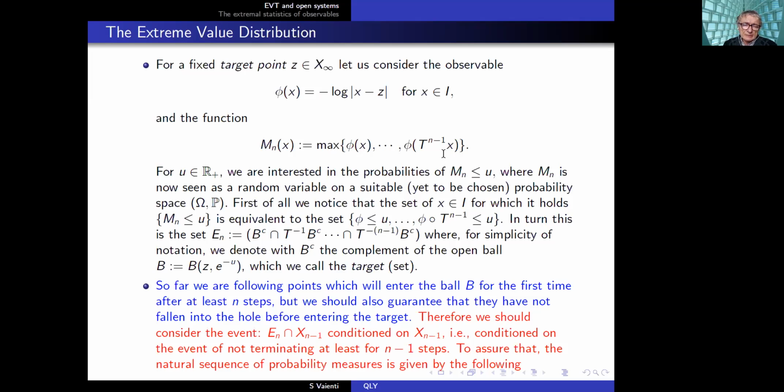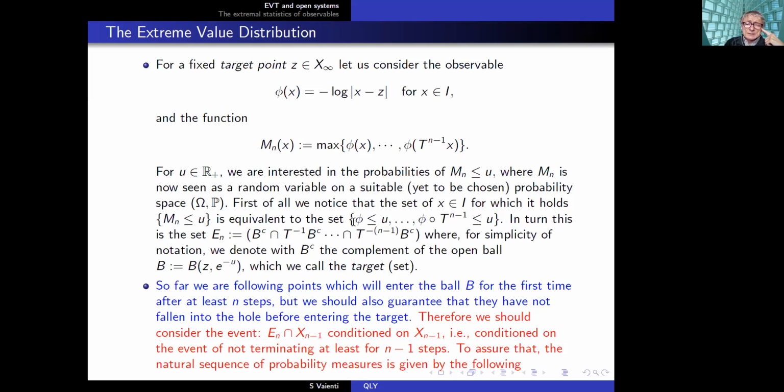So you take a point x, you compute minus the logarithm of the distance between the iterates of the point with respect to the target point, and you look at the maximum of this sequence of distances modulated by the logarithm.